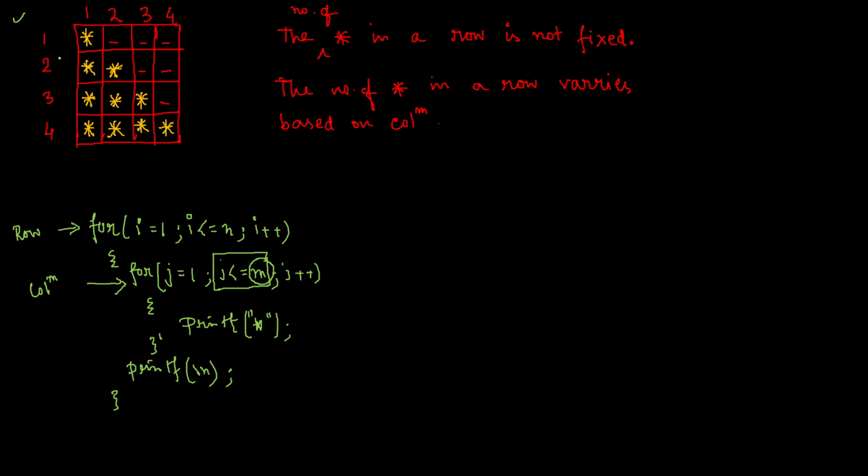When i equal to 2, this m should be equal to 2. When i equal to 3, then m should be equal to 3. So this m varies. So I need a variable which somehow is dependent on this row i. That means we have to find out the formula for how it depends on i.